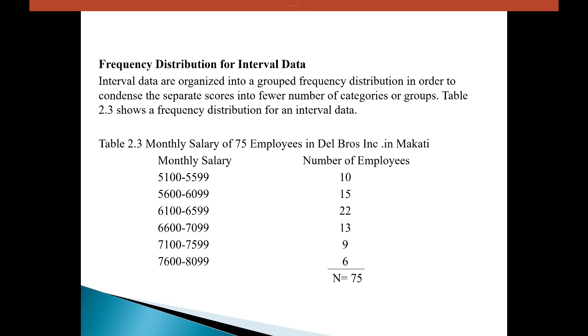That will also give you 500. And another one, you can also subtract two lower limits, or your 5,600 minus 5,100. That will also give you 500. So the class size here in this frequency distribution is 500.